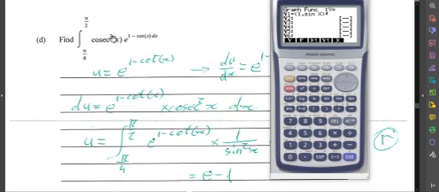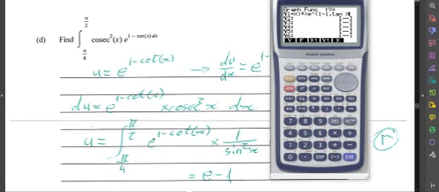So I've got cosec squared times e to the power of 1 minus cot. So 1 minus cot is 1 over tan of x.